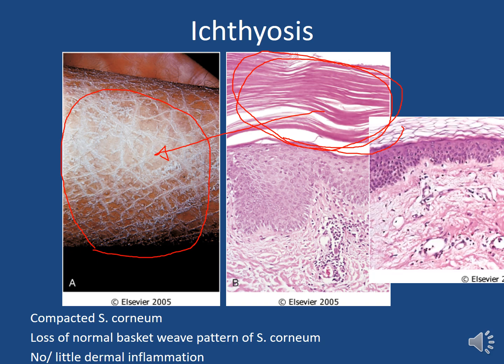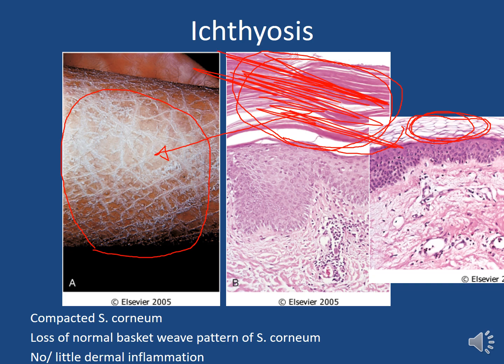So this third picture shows us the normal pattern of keratinization in the stratum corneum. It will display a basket weave-like pattern, which is lost in ichthyosis because of excessive keratin buildup.